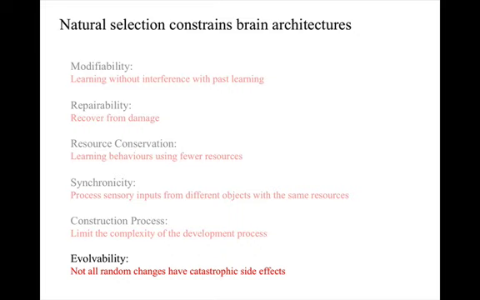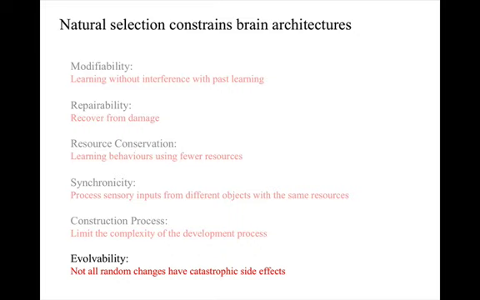Some mutations are beneficial and are therefore favored by the selection process. But a mutation may also degrade something. A brain with an architecture in which almost any mutation has catastrophic side effects will not be able to evolve.